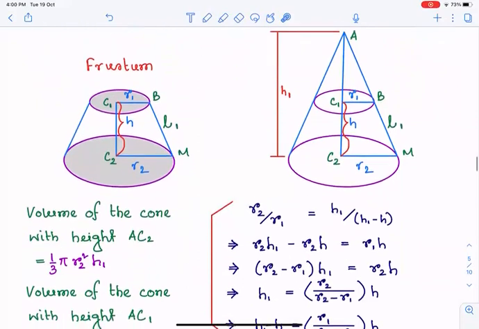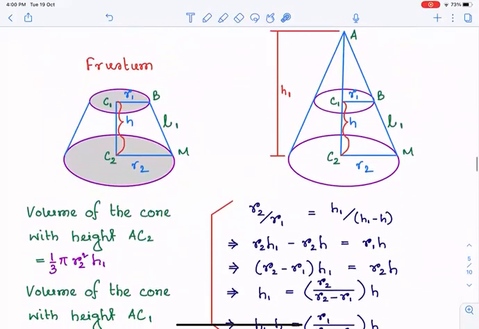So we have gone by the similarity of right triangles like ABC1, this is a right triangle, as well as AMC2, this is also a similar right triangle, right?